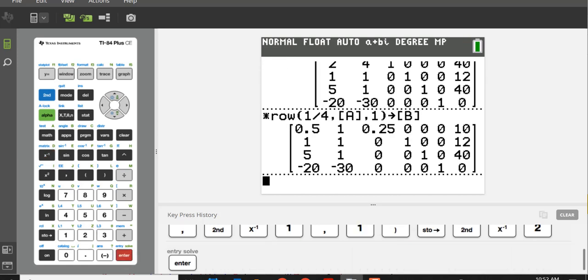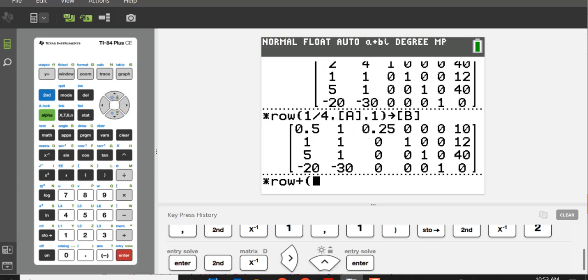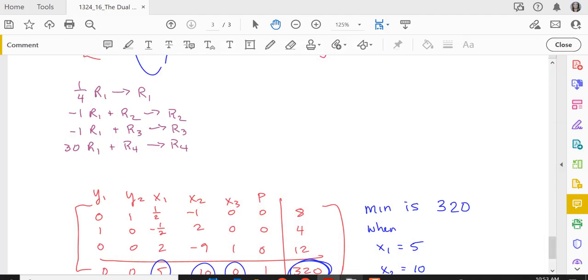Then I'm going to go do multiply, add a row and it was by the number -1 in matrix B, row 1, and add it to row 2. Is that right? 1 to 2, yep.